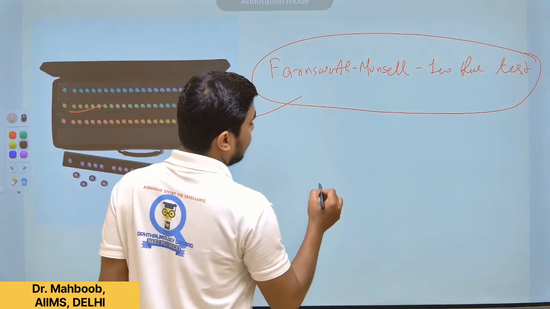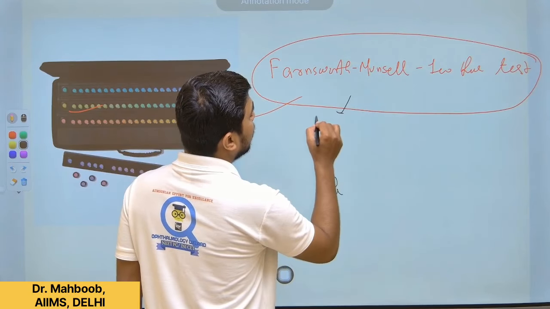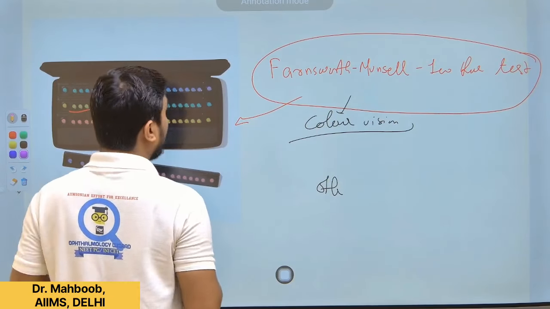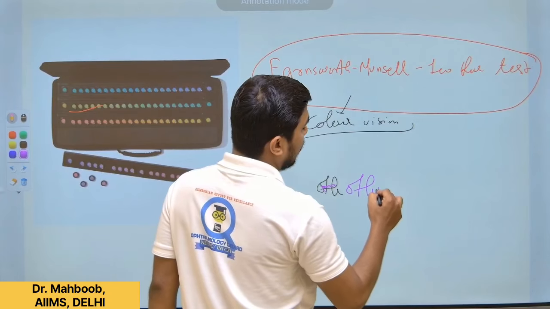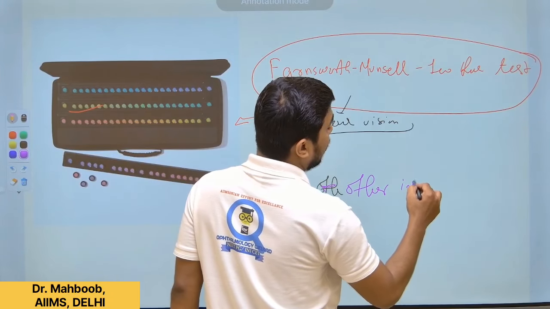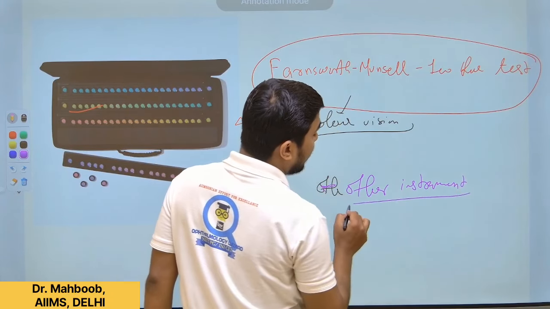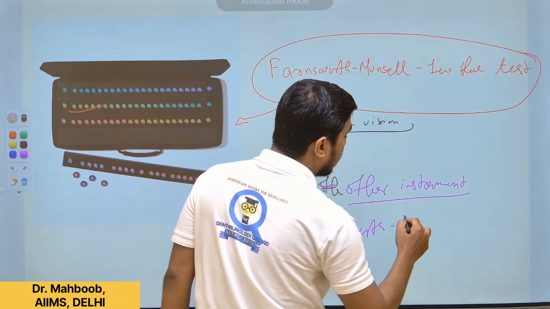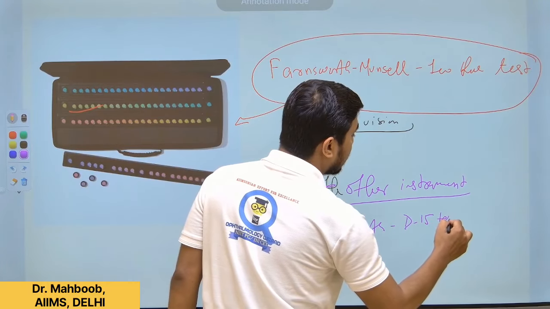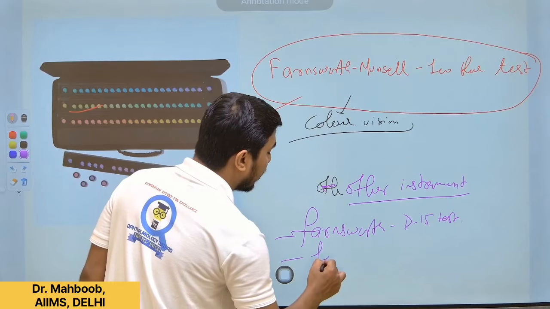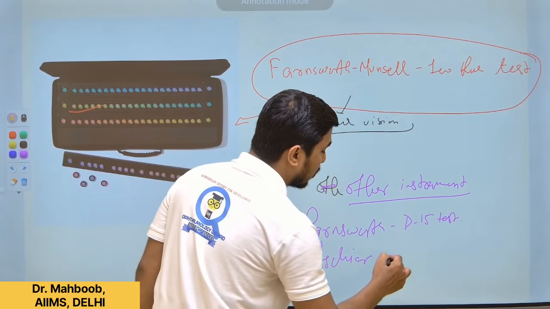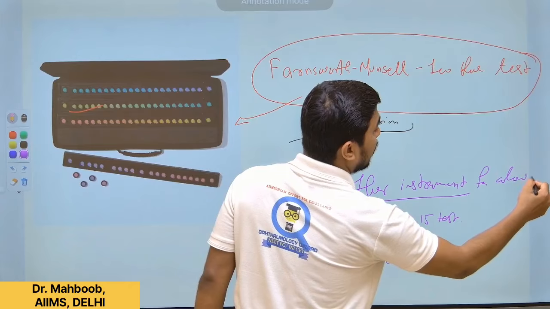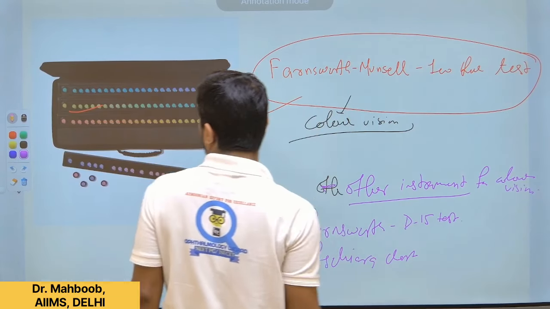So I will write here, this is for color vision. Now I will write the other instrument, the Farnsworth D15 test, and the Ishihara chart also for color vision. This is very important.